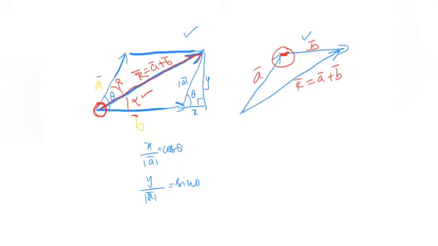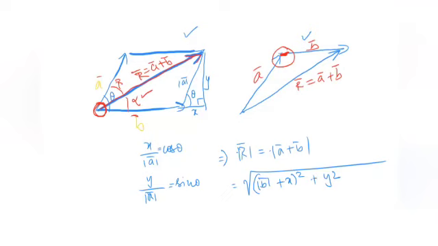So in that case, mod r will be equal to what? Mod r is equal to mod of a bar plus b bar, that is the magnitude of the addition of two vectors, which is equal to root of (mod b plus x) whole square plus y square. Just look, we are just applying the Pythagoras theorem.